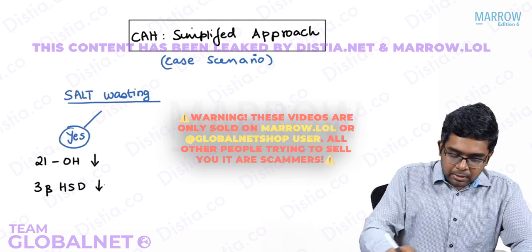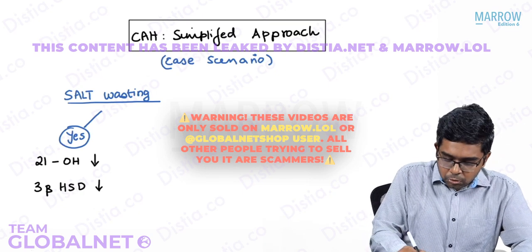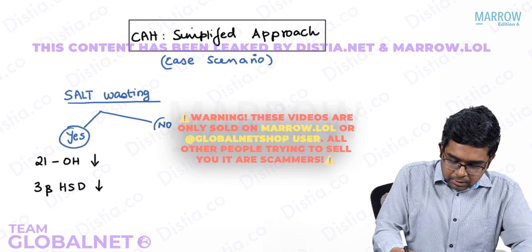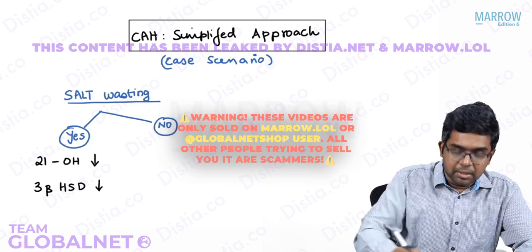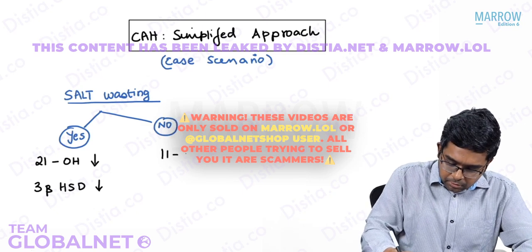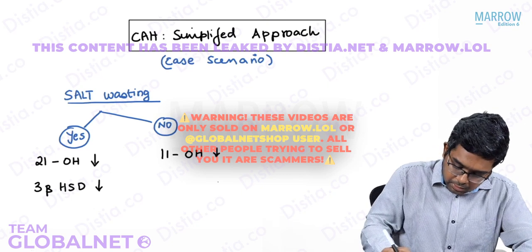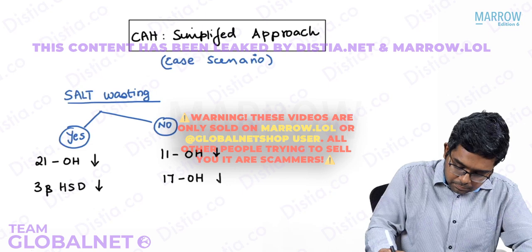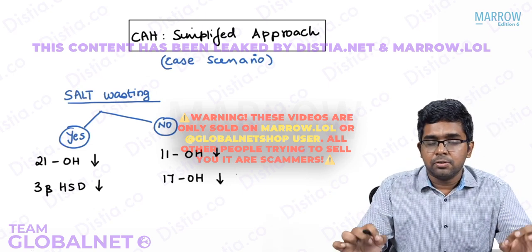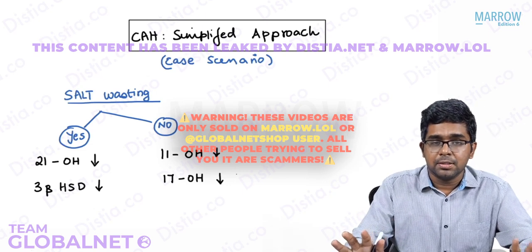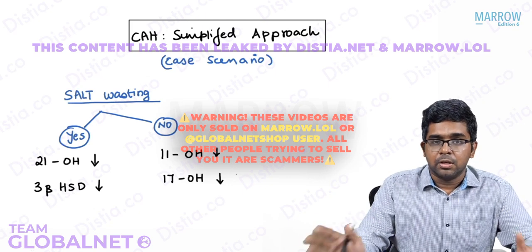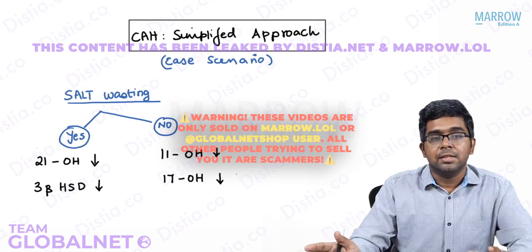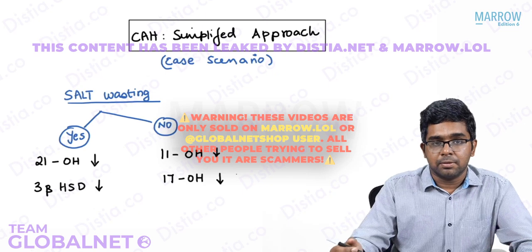If there is no salt wasting, then the other two varieties, namely 11 hydroxylase deficiency and 17 hydroxylase deficiency. So by this approach itself, you will be able to rule out two options given in the question. Now we have to know how to differentiate the two conditions which are remaining.